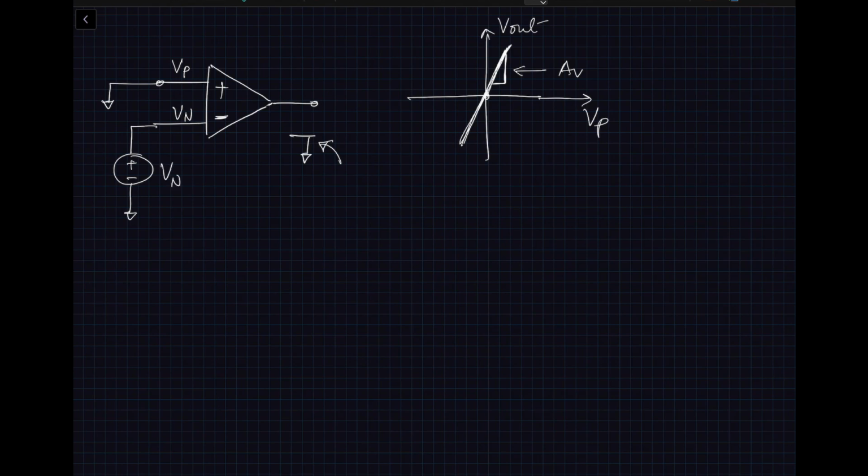Okay. Then what do I expect? Then we would see something that would look like this, right? So this would be for the Vn case. The red would be the Vn case. So whenever Vn is negative compared to Vp, the output will go high. And when Vn becomes positive compared to Vp, the output will go low.